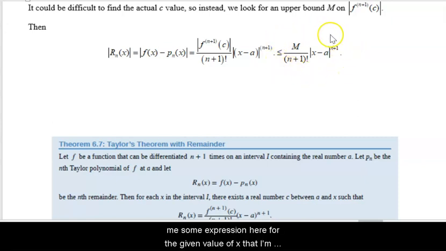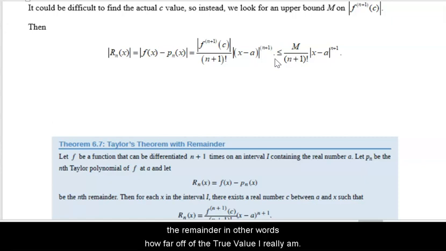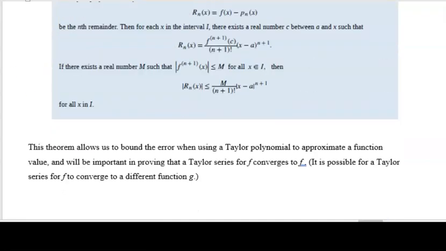This would give me some expression here for the given value of x that I'm using, which will give me a number that the remainder has to be less than or equal to. This gives me an upper bound for the remainder. In other words, how far off of the true value I really am.